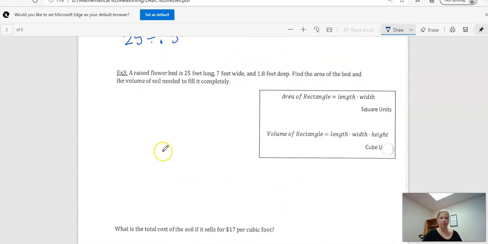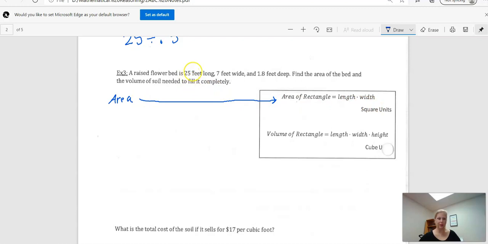Okay, a raised flower bed is 25 feet long, 7 feet wide, and 1.8 feet deep. Find the area of the bed and the volume of soil needed to fill it completely. Well, to find the area, we're going to need to do length times width.